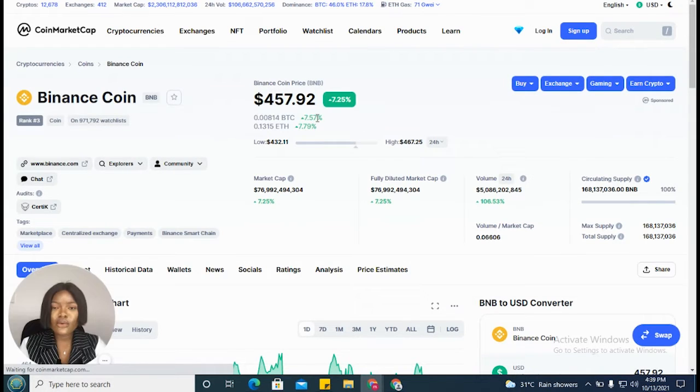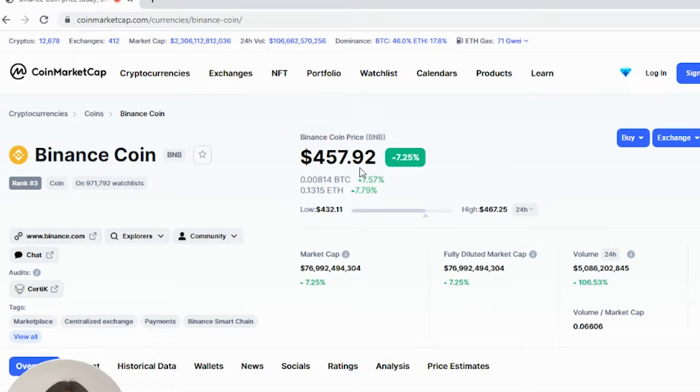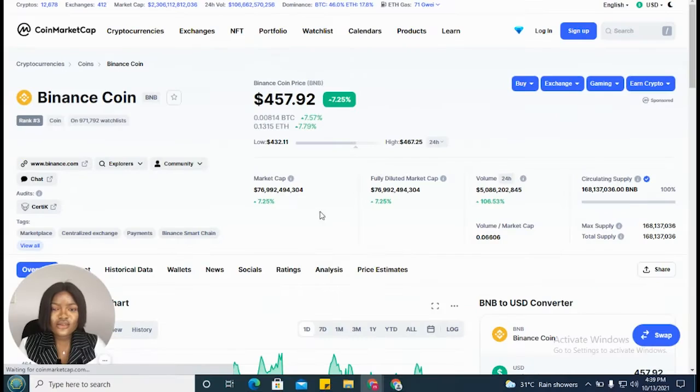You can see CoinMarketCap is giving us information about BNB: the price, the low and the high, the market cap, fully diluted market cap, volume, and the circulating supply. Each piece of information has an impact as a researcher.